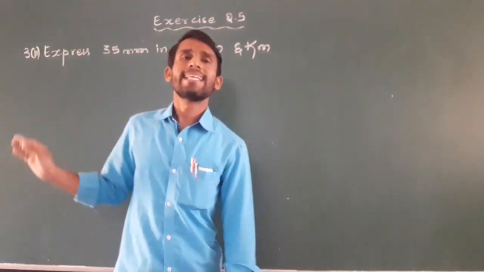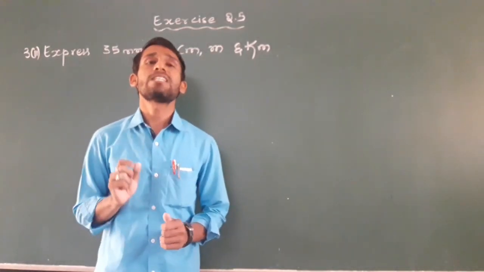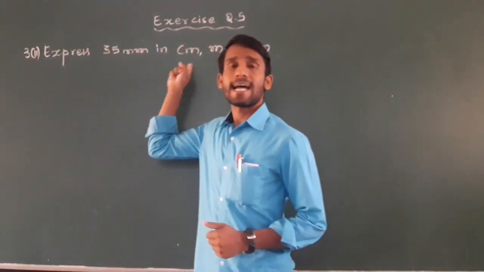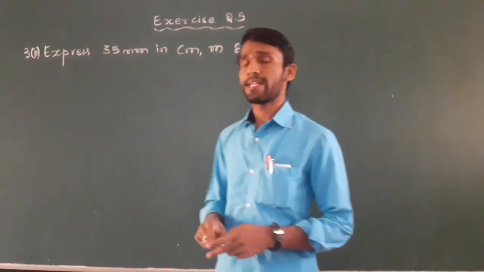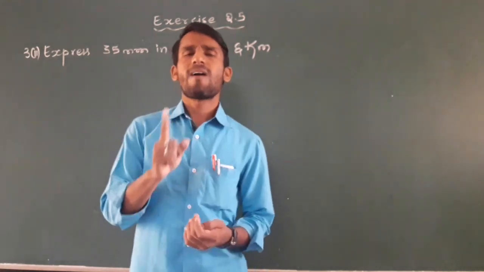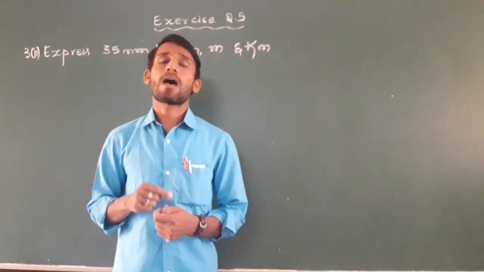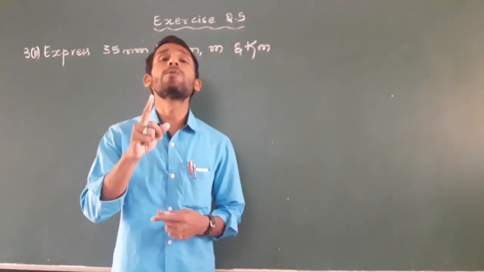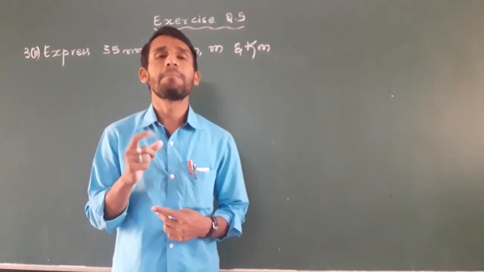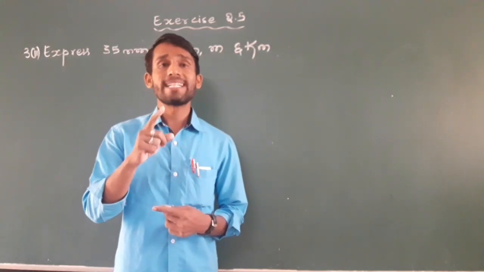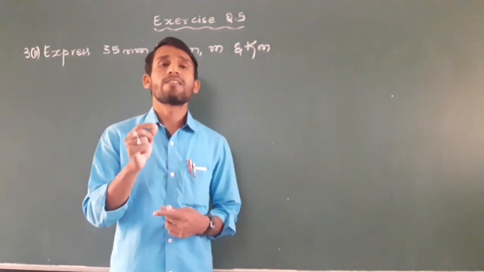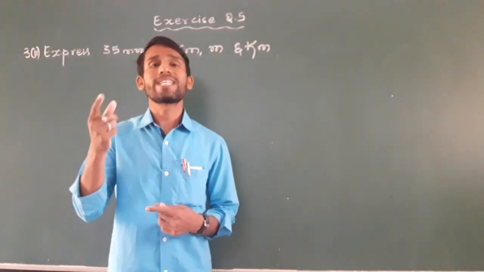Dear friend, in this question we have to express 35 millimeter in centimeter, meter and kilometer. As you know, for 1 centimeter, how many millimeters? 1 centimeter equals 10 millimeter. First we have to convert 35 millimeter into centimeter.